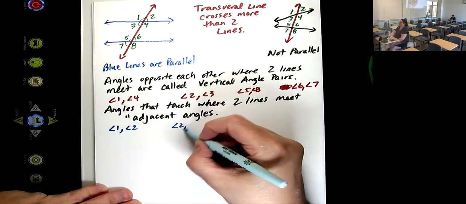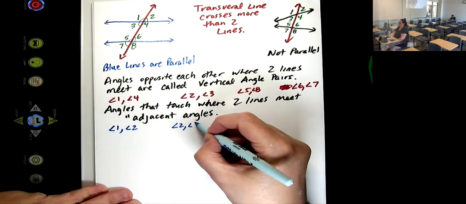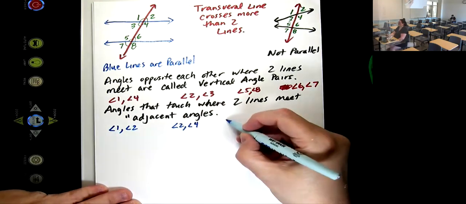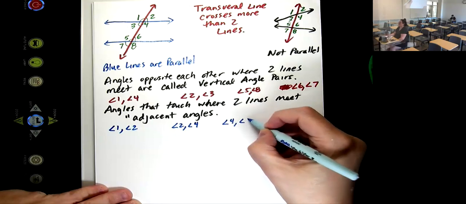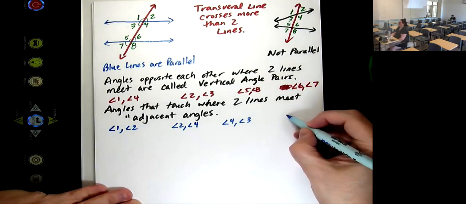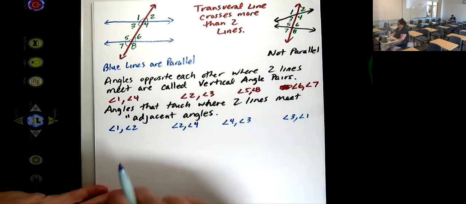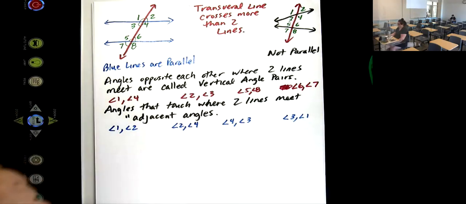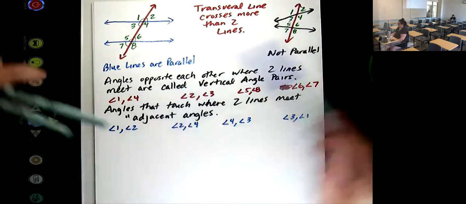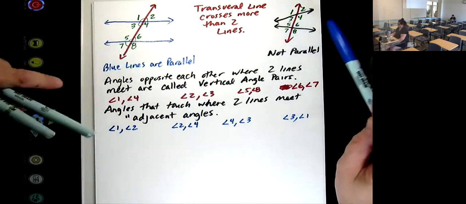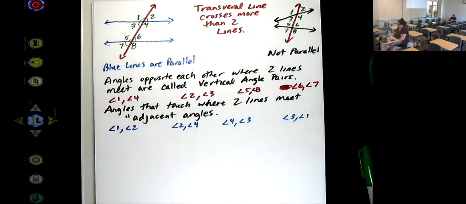Angle 2 is adjacent to angle 4. Angle 4 is adjacent to angle 3. And angle 3 is adjacent to angle 1. They are next to each other. Both of these terms are true for either picture.